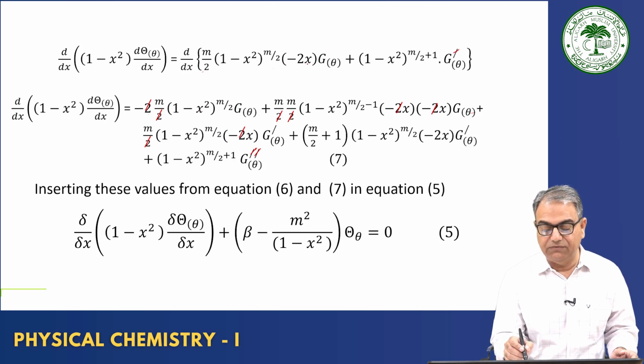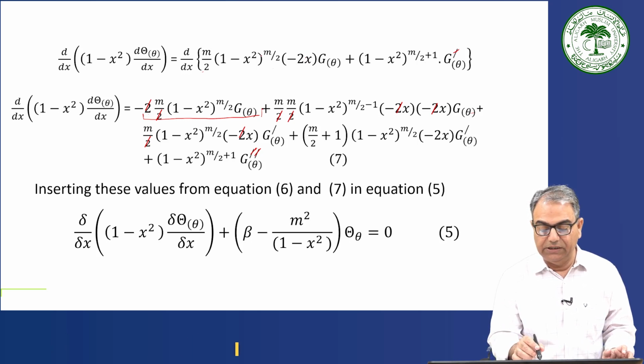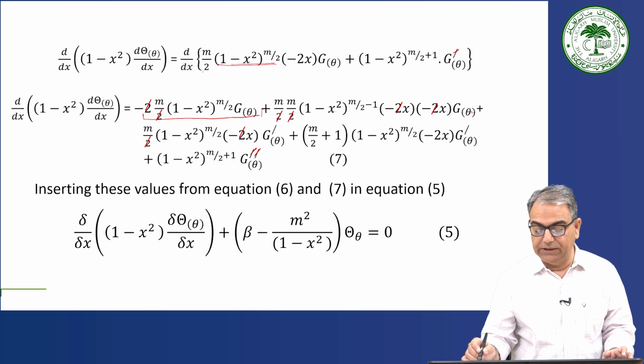In the first equation I differentiated x only, nothing else. And thereafter, if you look at this one, I differentiated m by 2, which means I am differentiating this part, so that is m by 2 minus 1. Then you see what did I do? Minus 2x g theta.